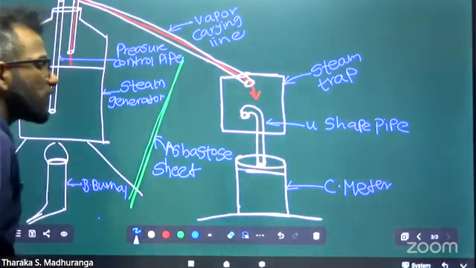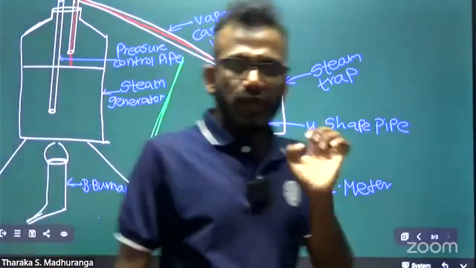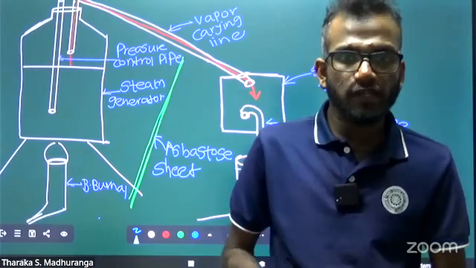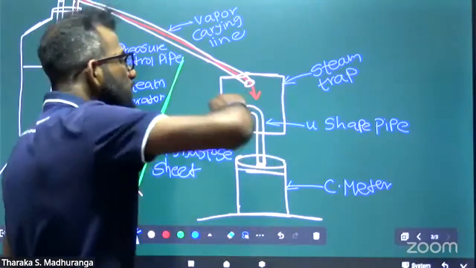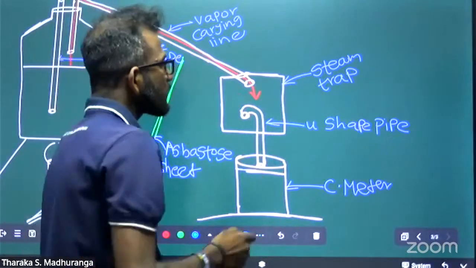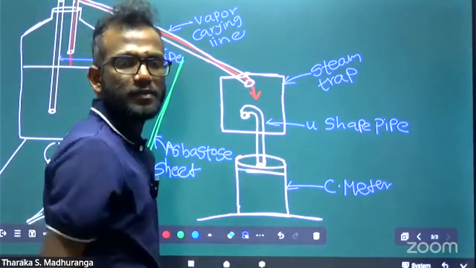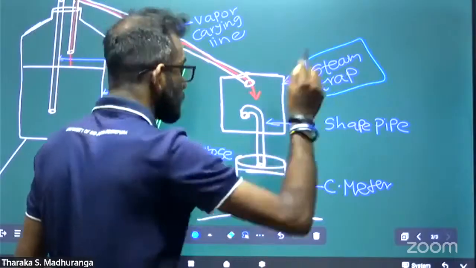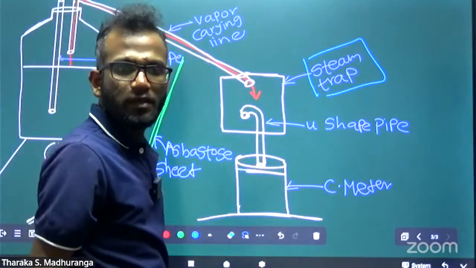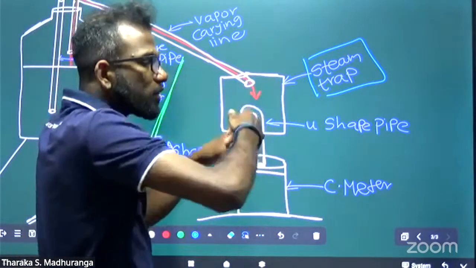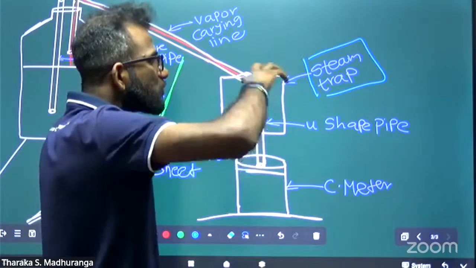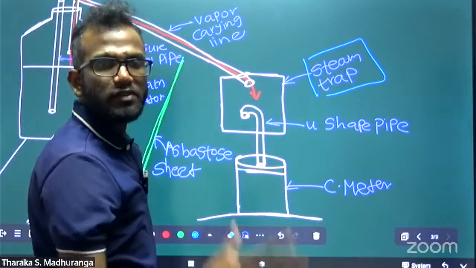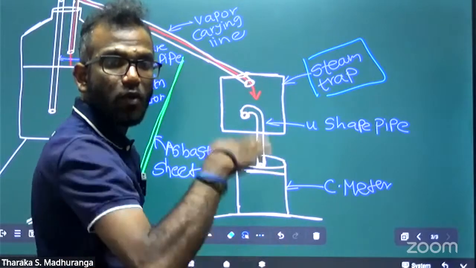If any part of the water vapor condenses and converts into water, we can stop it here. That's why we call it a steam trap. If it converts into water, we can catch it. We call that a trap. That we can catch and hold here.